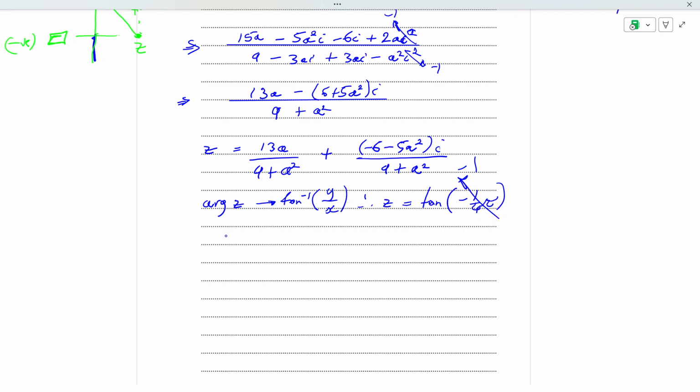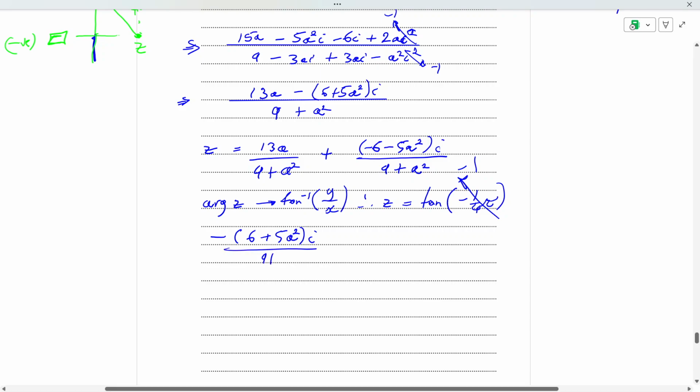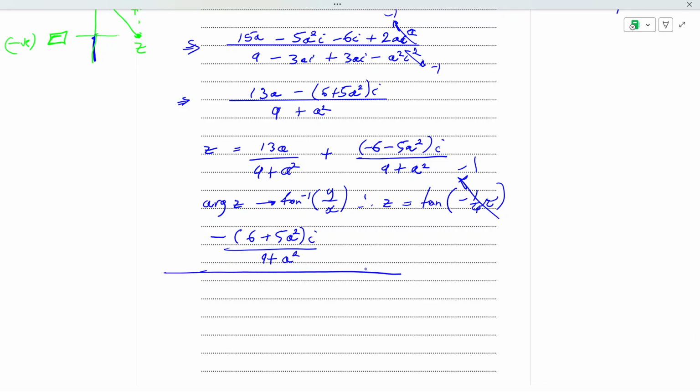So now we can see y, we have negative 6 minus 5a squared, over 9 plus a squared, and then all of that over, because this is now just representing y over x, 13a over 9 plus a squared, all of that is equal to negative 1.